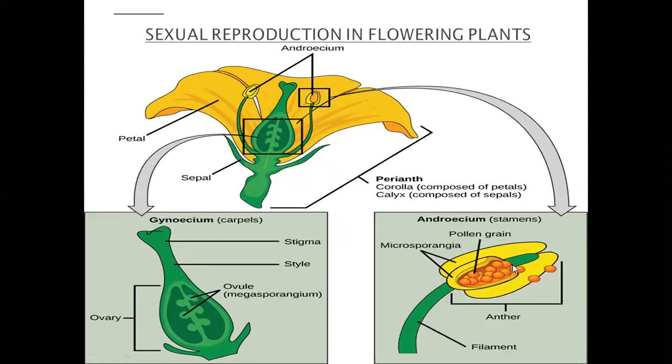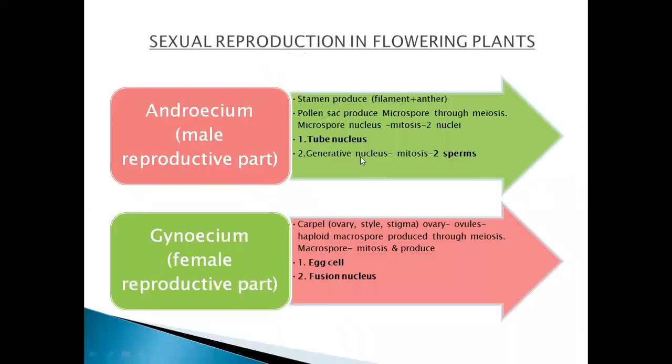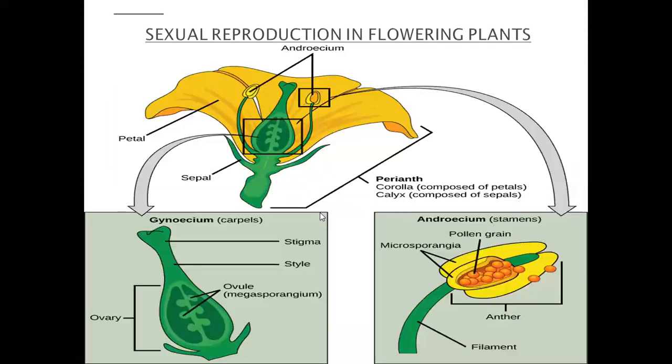When the pollen grains mature, they are transferred from the anther to the stigma on this part. And what structure do the pollen grains have? Yes, the pollen grain has one tube nucleus and two sperm cells, right? It means that the transfer of pollen grains from the anther towards the stigma is called pollination.